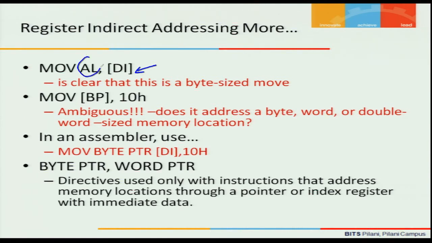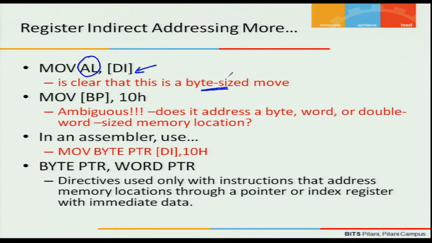This register al is an 8-bit register, so I know very clearly that the move is a byte-sized move. So I can code it without any ambiguity.